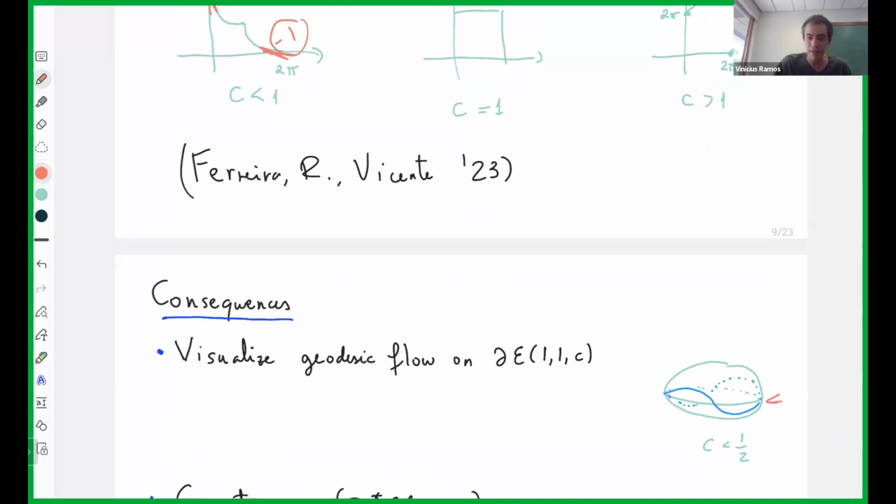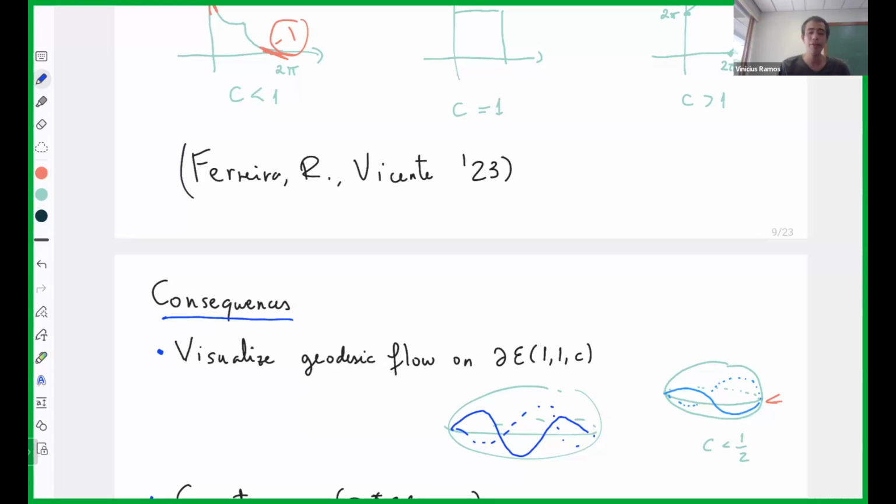And then when you get slope -1/2, -1/3, and so on, you're going to have these other geodesics going like this. These simple geodesics that oscillate around the equator only exist for C small enough.